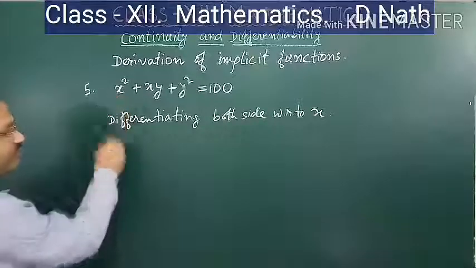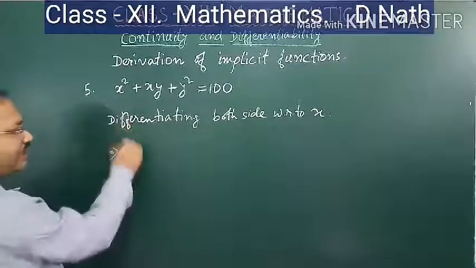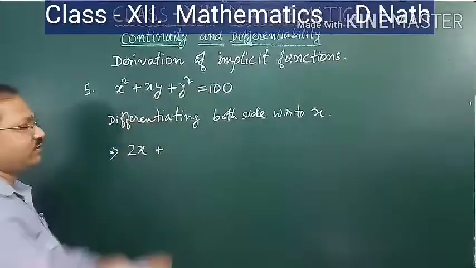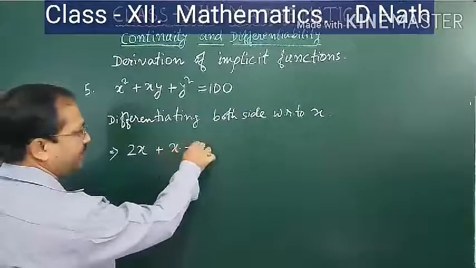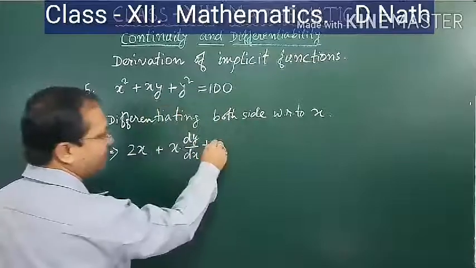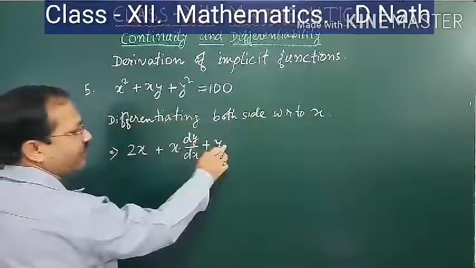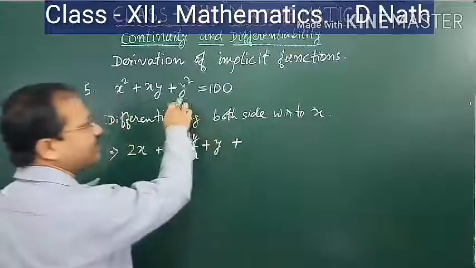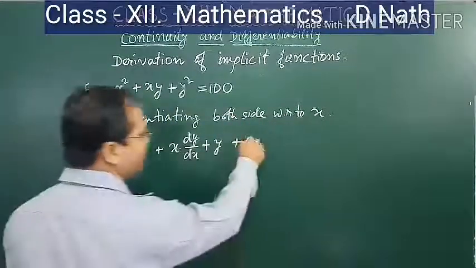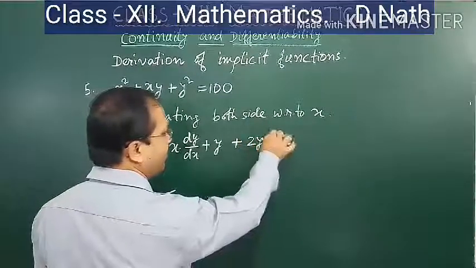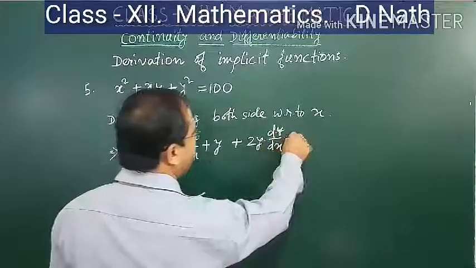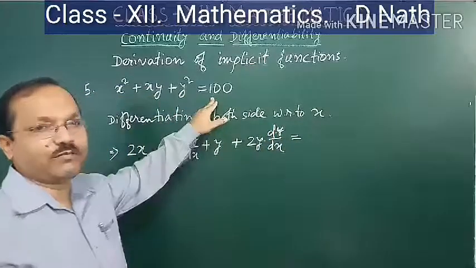So ddx of x square is 2x plus, here it is product rule. So what will happen? x dy dx plus y into ddx of x is 1, so plus y, plus y square, we are doing differentiation with respect to x, so it is twice y into dy dx is equal to ddx of the constant term.